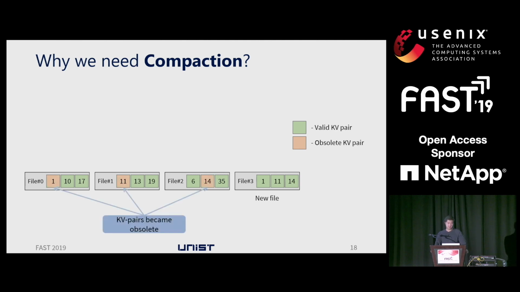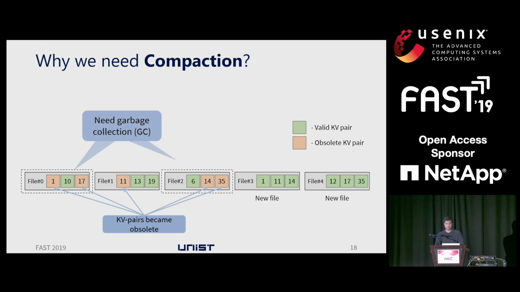Well, we can tolerate some garbage if it's small in those files. However, if new files come up and too many key-value pairs in those older files get obsolete, then that's too much garbage, and we want to, for example, merge those 2 files together. So basically, we need garbage collection.